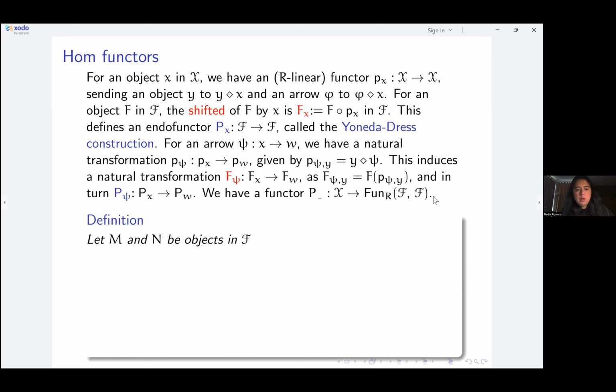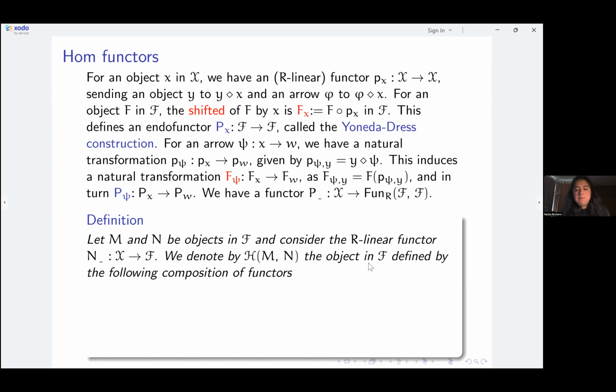So whenever we have two objects in F, by this whole construction we did before, we have now a linear functor from X to F. What is it doing? It's just shifting n by all the elements in X, as it's defined here in red, and the corresponding thing on arrows, here also in red. We denote in this way the new functor we obtain in F when we compose these two.